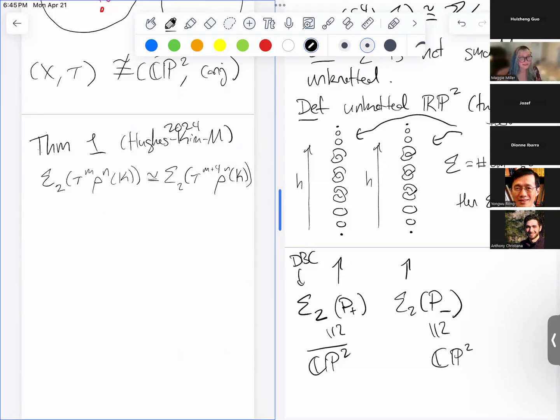In fact, we don't necessarily care about this theorem statement, but there is, and I don't want to say improved, because in some ways it's better, in some ways it's worse. But using basically the same proof, what I can also prove is that, so I'll call this like theorem 2, I guess, if I'm willing to eat the cost of adding an RP2 summand to my two sphere.